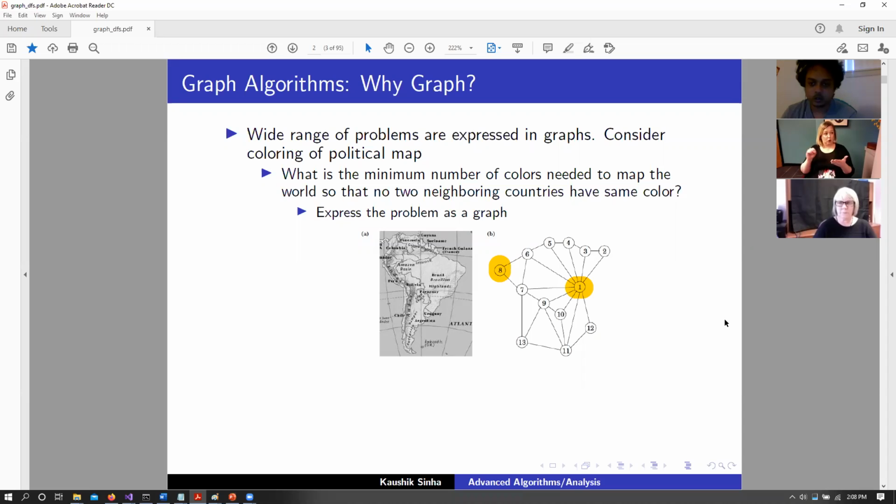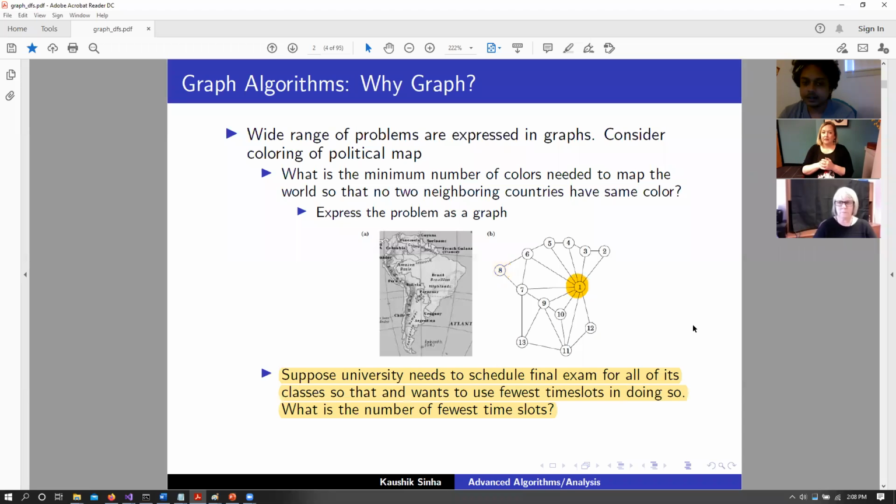Okay, so we also talked about how different graph algorithms are, in a sense, abstract, in the sense that we are trying to solve a particular coloring problem, but we can also map this particular graph algorithm to another problem. For example, we talked about the problem where a university tried to schedule the final exam for all their students, and it needed a solution such that no 2 exams where a student is a student of both of those classes has an exam at the same time.